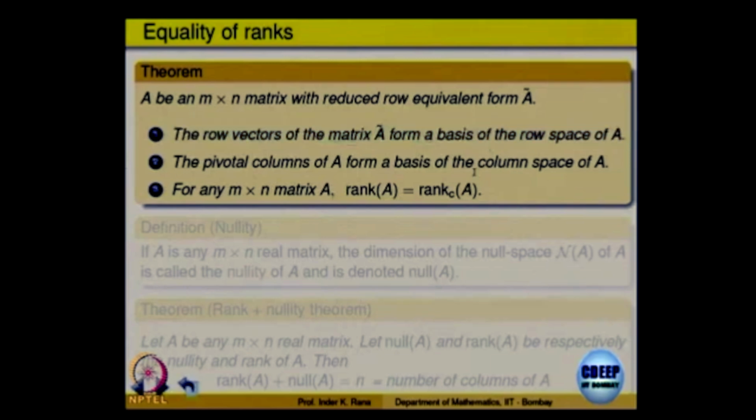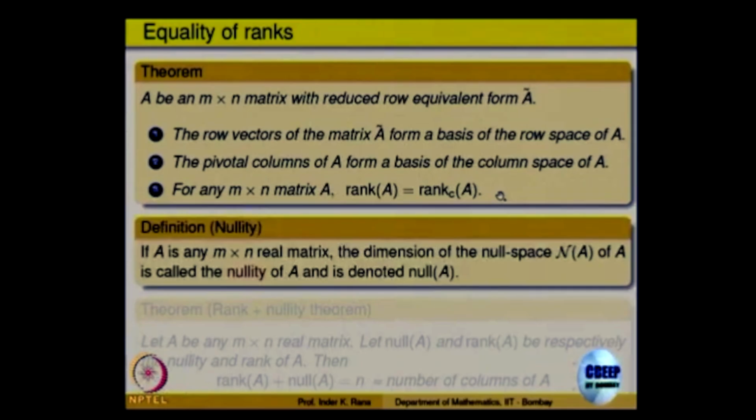The second one, the column space: take the matrix, bring it again to row echelon form, look at the pivotal columns of the original matrix A, and they are going to give you a basis for the column space. And the third, the rank of the matrix is the same as the rank of the column space and the same as the rank of the row space.